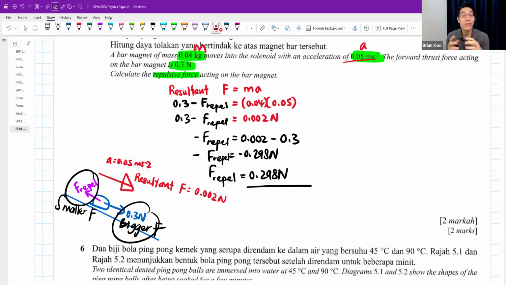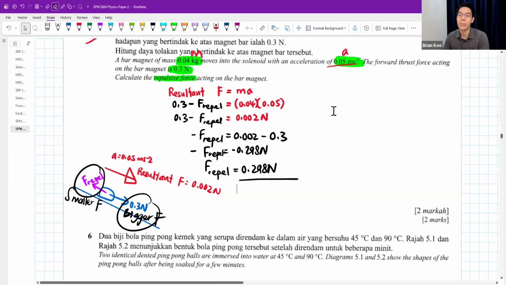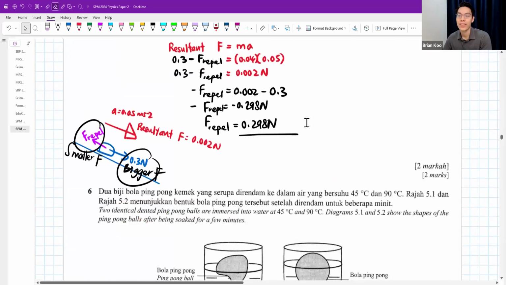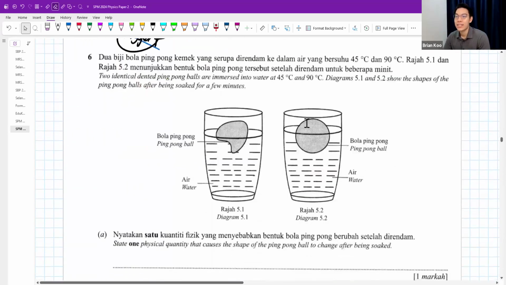So it's a pretty cool concept that roller coasters and a lot of trains use, even MRTs. We would use this concept, Lenz's law, to produce a braking repulsive force to stop. Okay. Question 6.